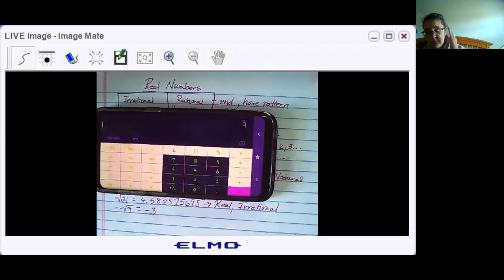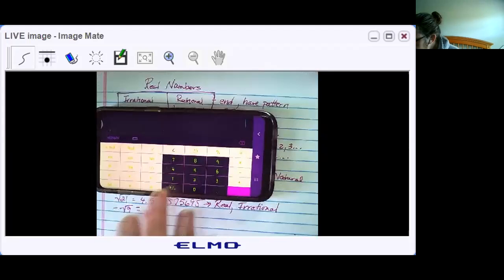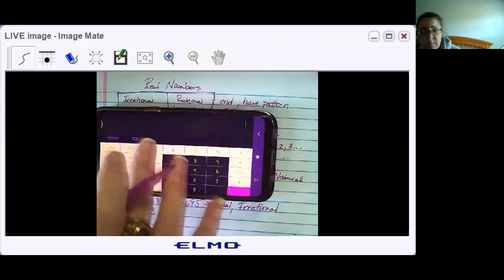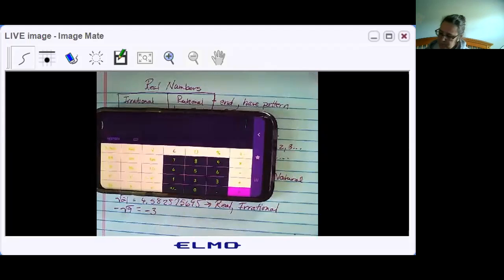Now, if I wasn't paying attention and I wasn't really thinking and I did this, depending on how your calculator works, because in my classroom I have some calculators that you put the number and then you hit the square root symbol, and I have other calculators where you put the square root symbol first and then you put the number in. So you got to know your calculator.